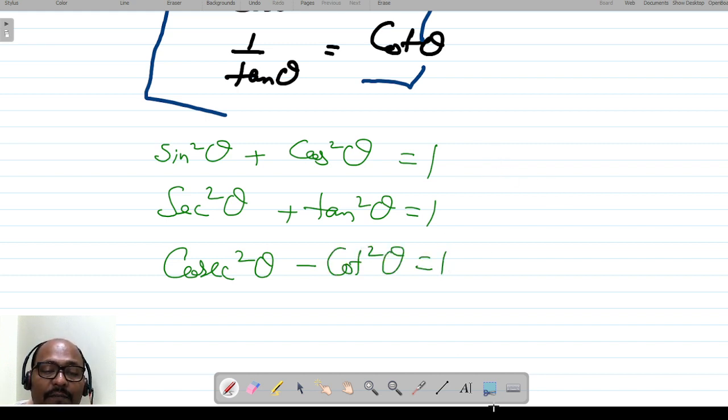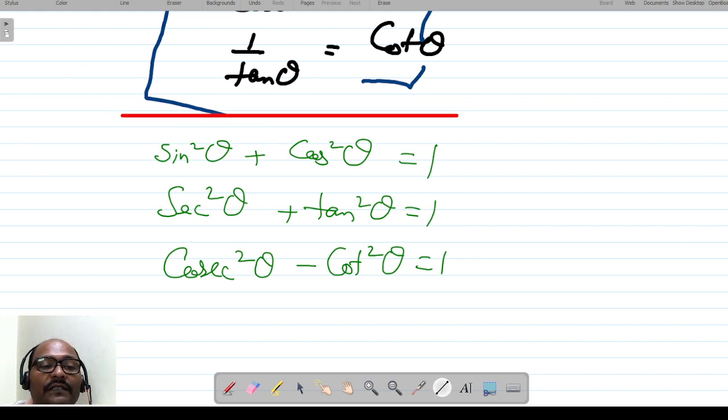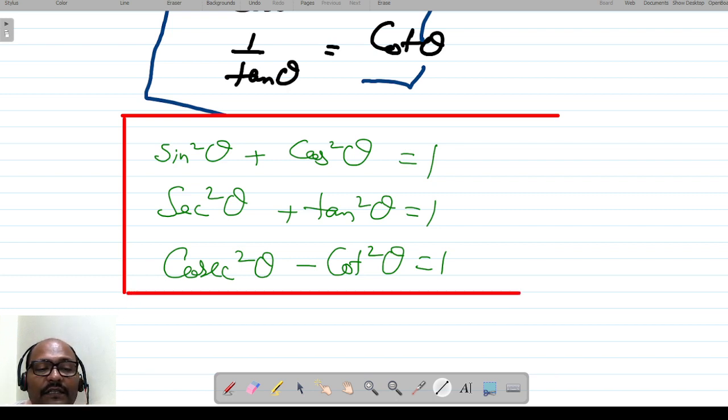These are three important trigonometrical identities which you can remember, and we will discuss them in detail in our further classes. This will give you a basic idea and help you solve trigonometrical identity problems.